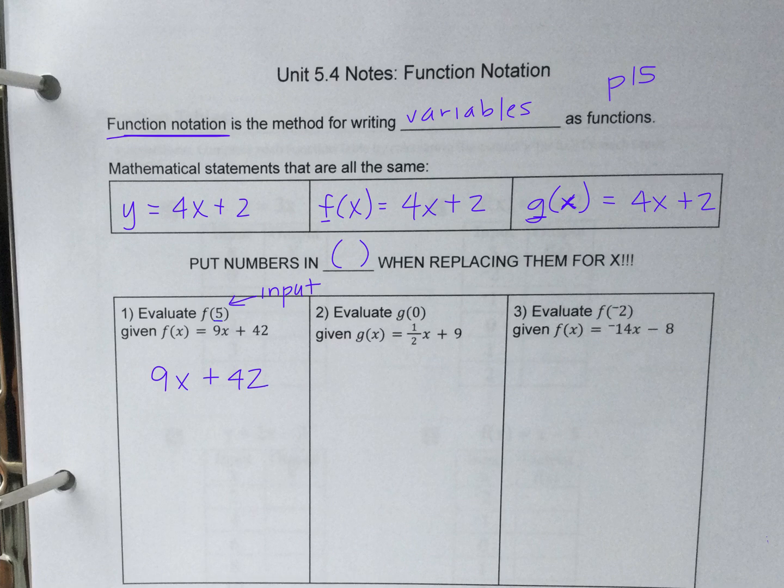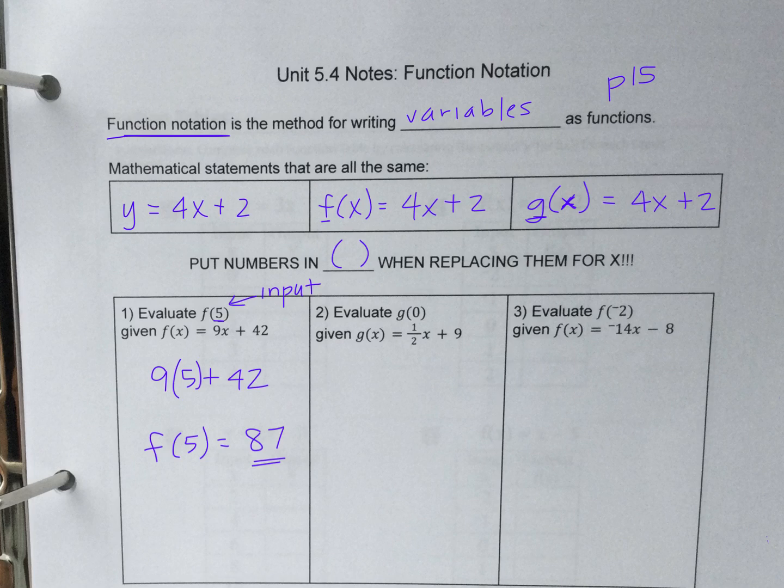But it says the input is 5. So I'm going to erase that x, and in parentheses, I'm going to put a 5. Type that in your calculator. When the input is a 5, so the function of 5, I get the answer 87. 9 times 5 is 45, plus 42 is 87.